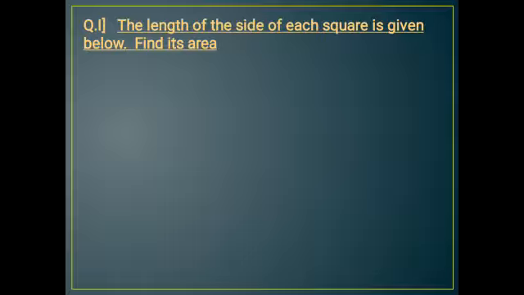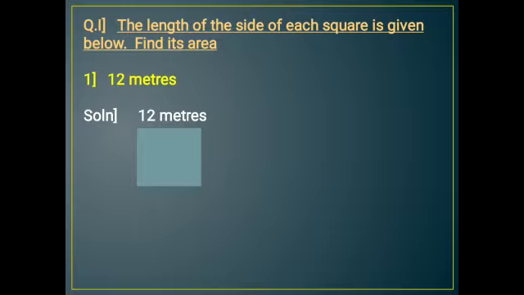Means we have to find the area of a square whose side is given. The first question is 12 meters. First we will draw the square and write the measurement of the side, that is 12 meters.